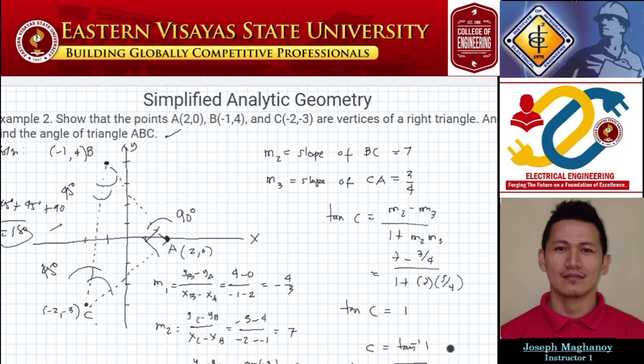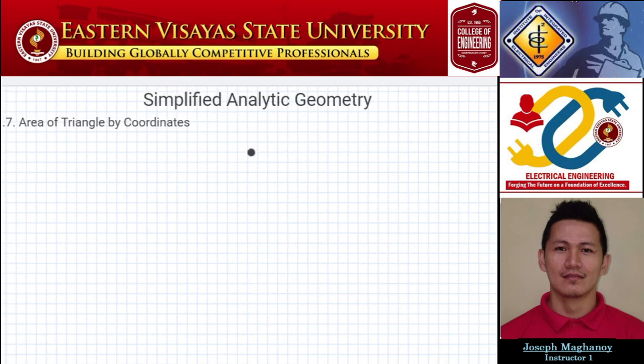Okay, let's move to our next discussion: area of triangle by coordinates. So this is a formula-based method. So let's consider vertices in a certain coordinate plane. For example, if we have a Cartesian plane and we have vertices of our triangle.